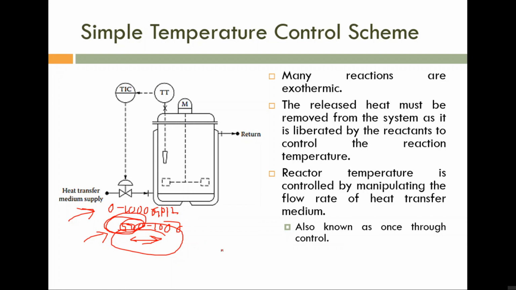Think about two different situations. First situation, due to some reason, we are forced to change the flow rate from, say, 100 to 900. Means the step size is large.